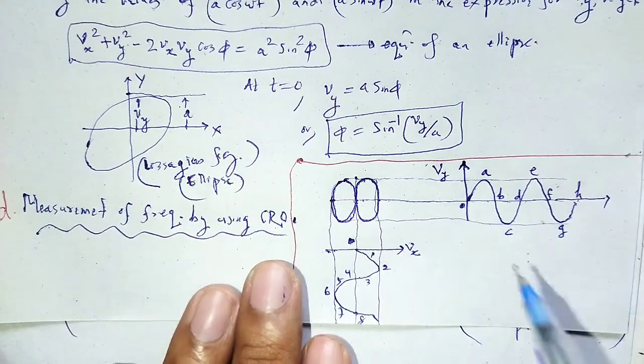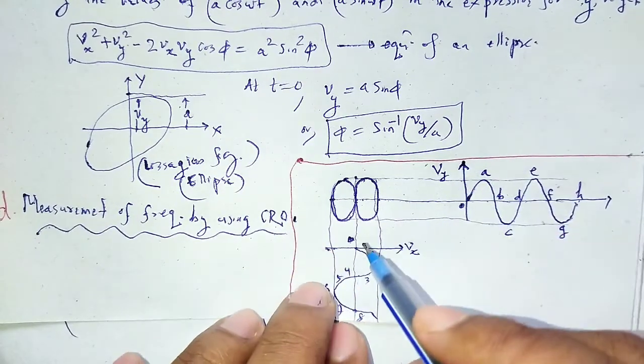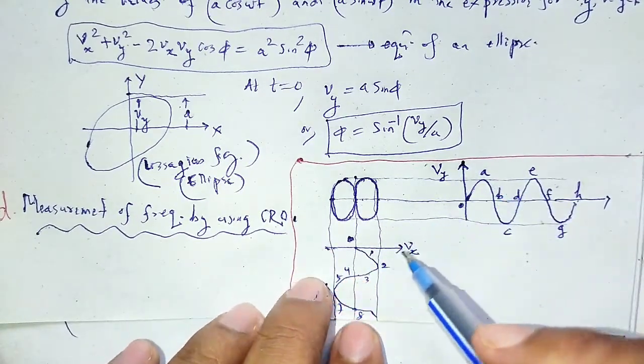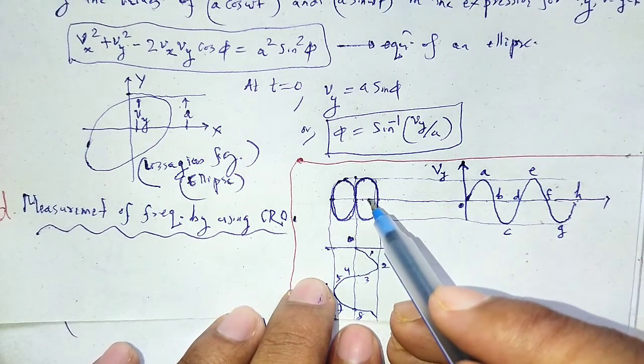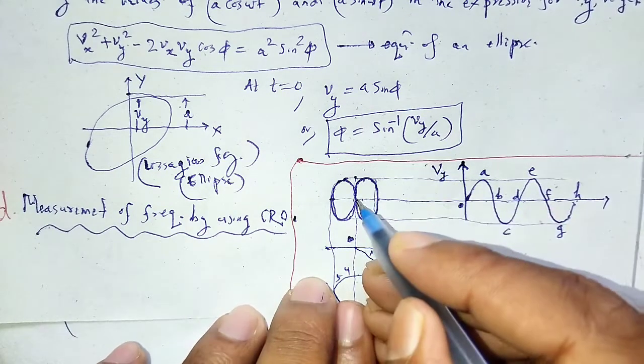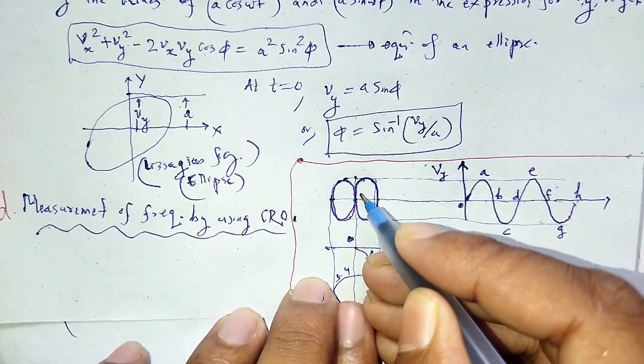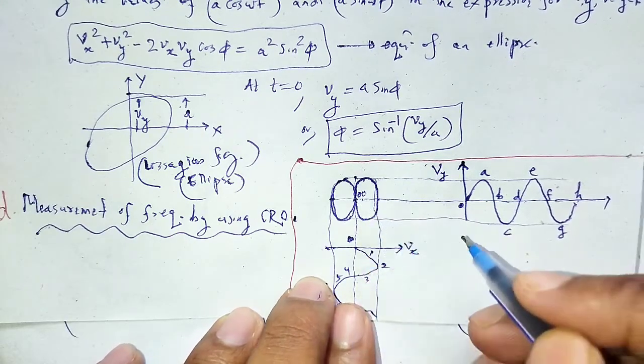Now joining the lines, the first point is 0, 0.